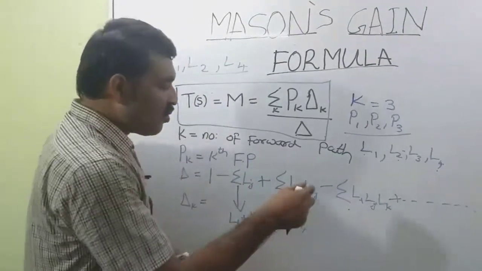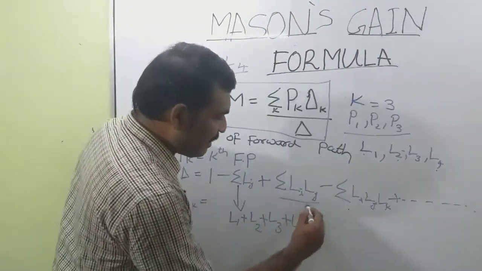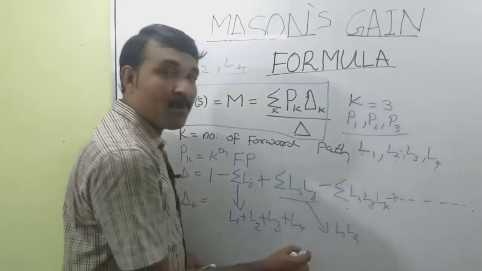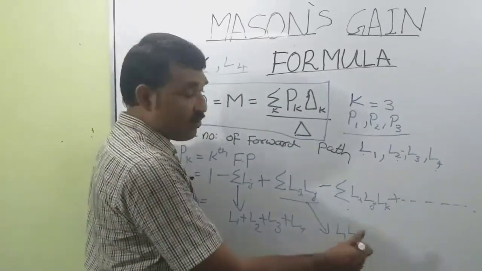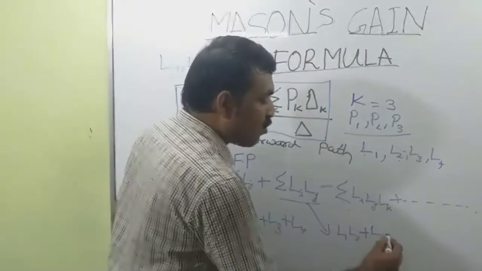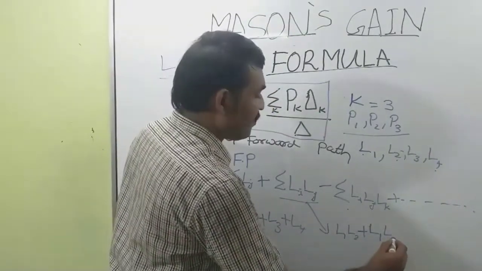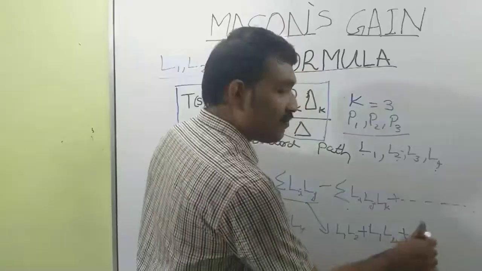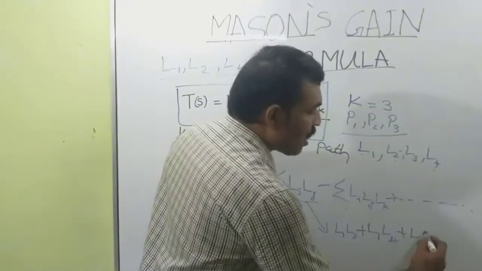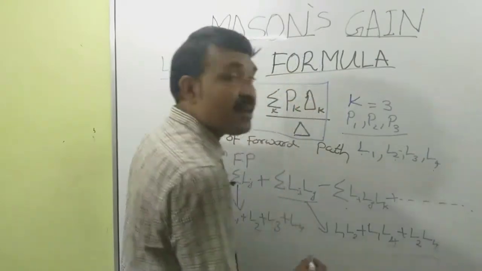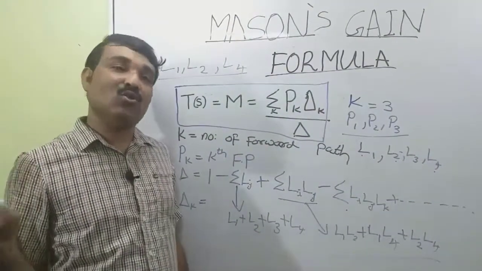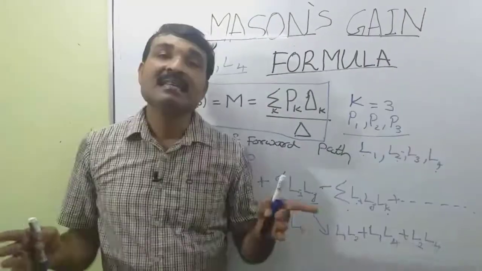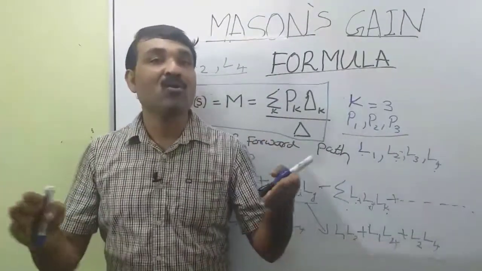Now this term indicates L1 L2, the gain product of the first and second loop, plus L1 L4, the gain product of the first and fourth loop, plus L2 L4, the gain product of the second and fourth loop.